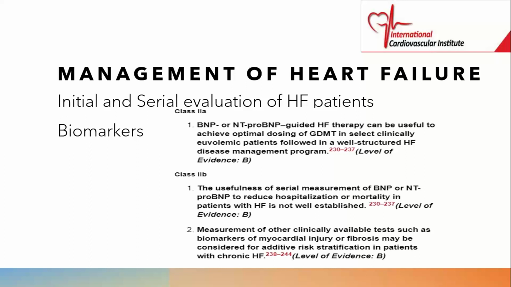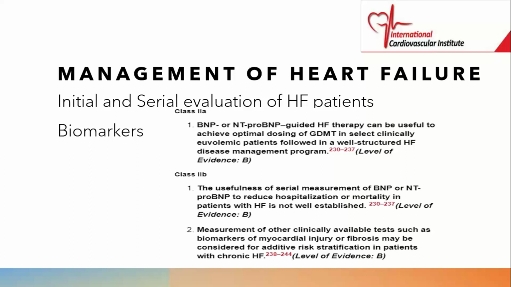Because if you have, say, a BNP level of 4,000, and you treat the patient, and before you send the patient home the BNP is still 3,000 plus, the likelihood of that patient coming back for admission is great. And the likelihood of the patient dying also is great, because it's a very elevated BNP.